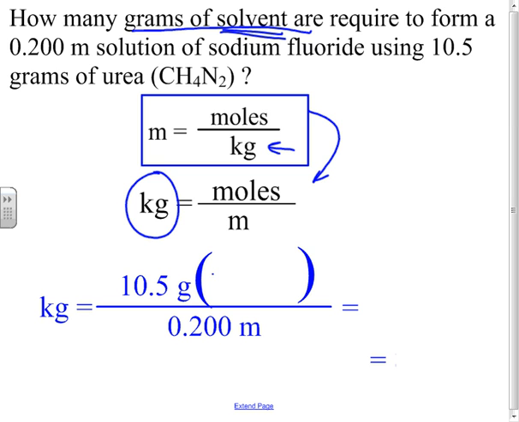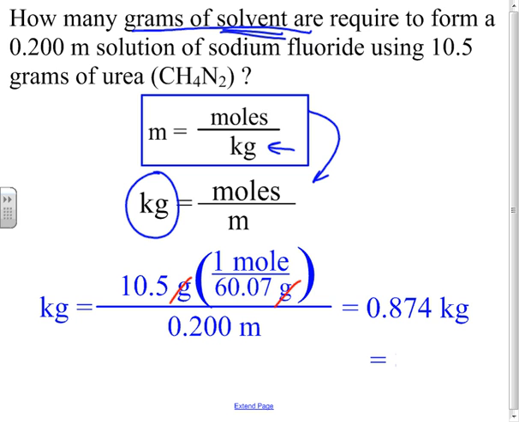Substituting in, we have 10.5 grams of urea. We have to convert that to moles by dividing by the molar mass. Divide that by the molality will give us the number of kilograms. And then we were asked for grams of solvent, not kilograms of solvent. So multiply by 1,000 to convert the kilograms of water to grams of water. But again, watch the units and watch the labels. We're asked for solvent, not solute in this particular problem.